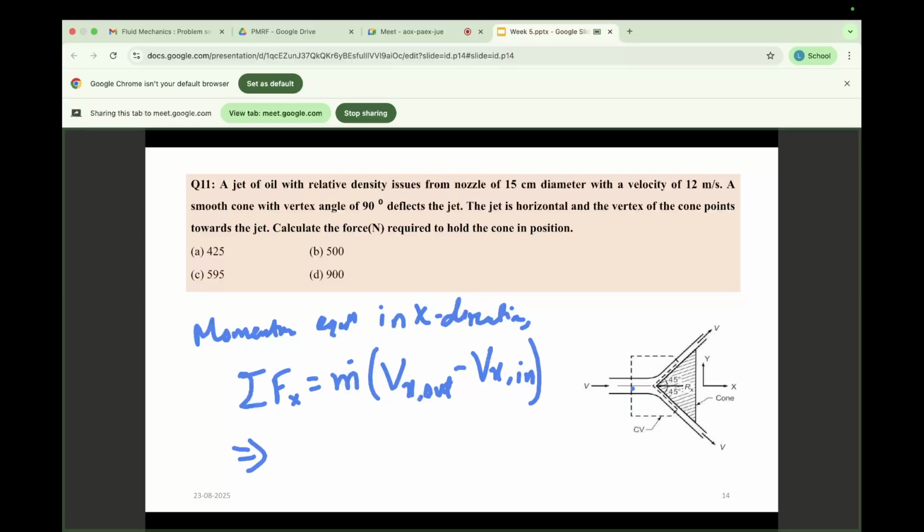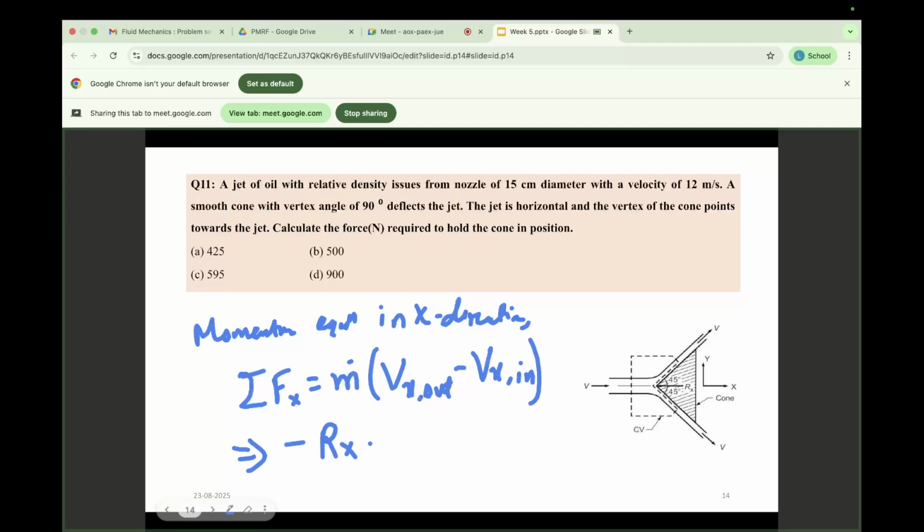I am considering this direction. What is the force acting in this direction? Only Rx is given, but it is in the opposite direction. So I am taking the positive x-axis as plus, whereas its opposite direction is represented as minus. That's why the total should be minus Rx.